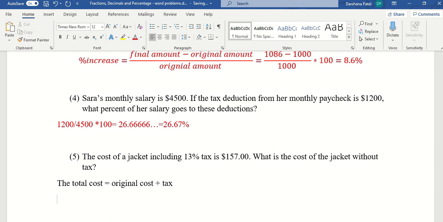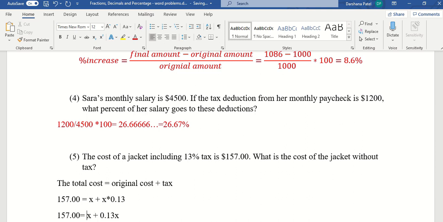The total is given to us to be $157. Original cost we don't know. The tax on the original amount will be the original amount times 13%, and 13% as a decimal will be 0.13. Now 157.00 will be x plus 0.13x.